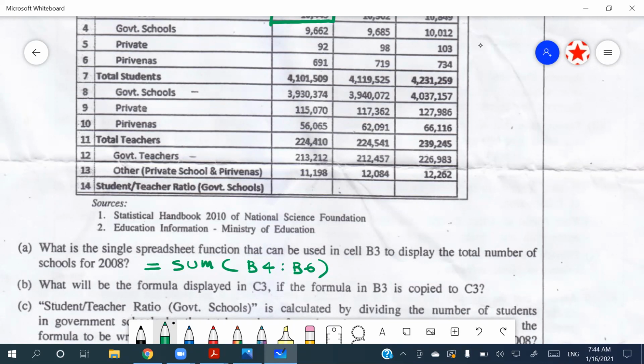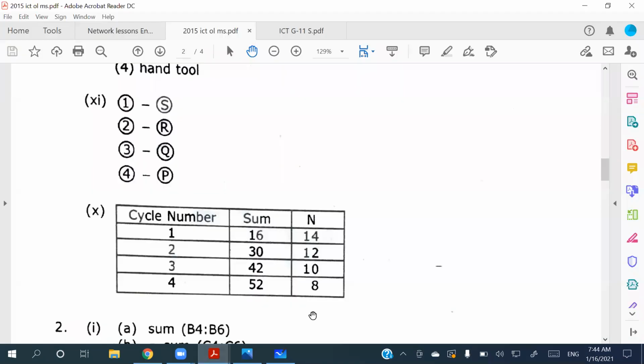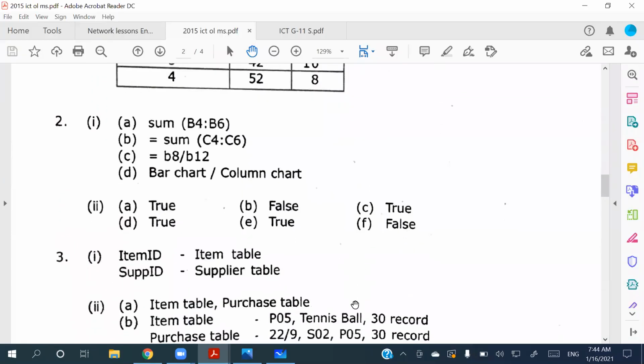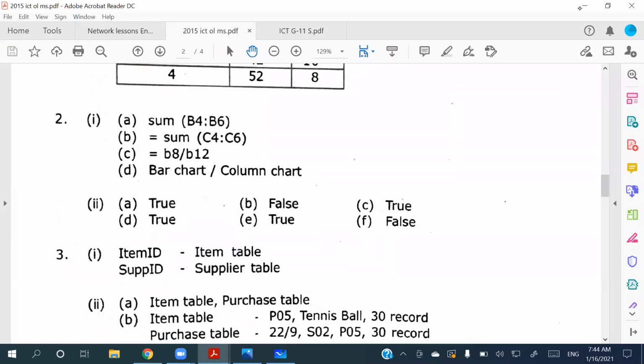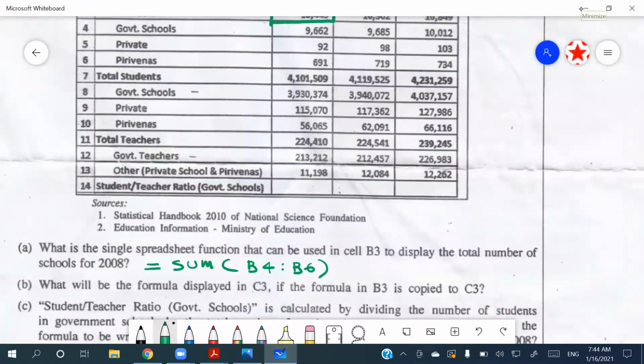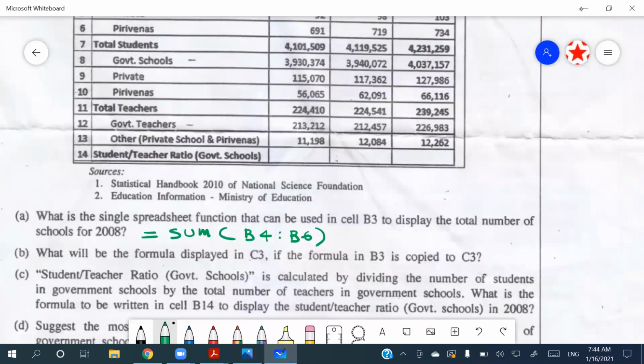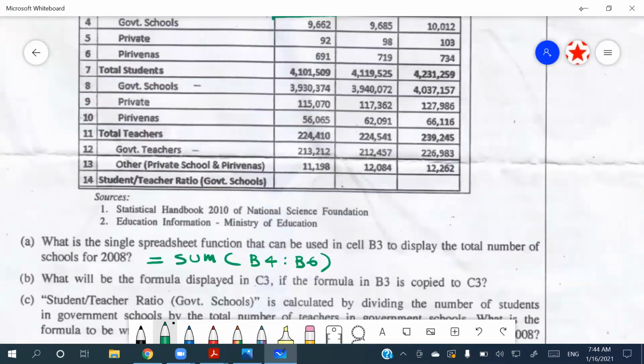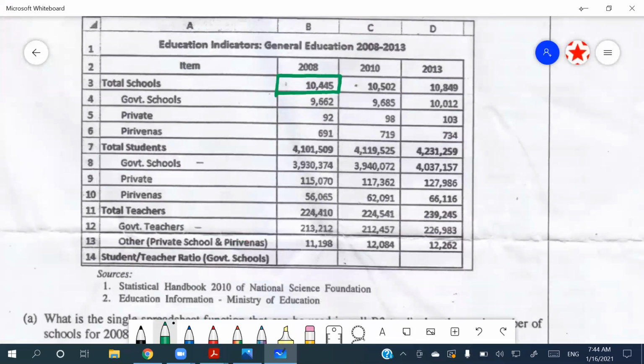Right? So let's refer to the marking scheme as well. Yeah, as it shows you, the equal sign is a must, right? Remember that. Then part B is asking what will be the formula displayed in C3 if the formula in B3 is copied to C3. Okay, so B3 is copied to C3. That means it's over here.